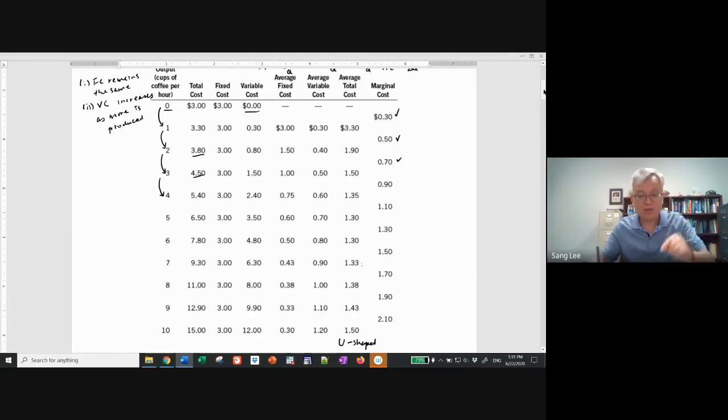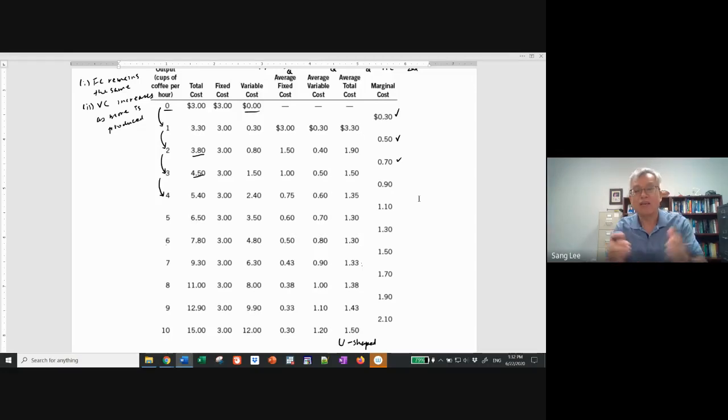So in this particular example, whenever you produce one more cup of coffee, it costs you increasingly more. So that's why in column 8, marginal cost, whenever you add one more cup of coffee, total cost is rising a lot more. Total cost is increasing, but in an increasing manner.